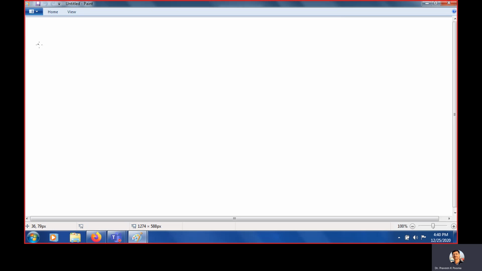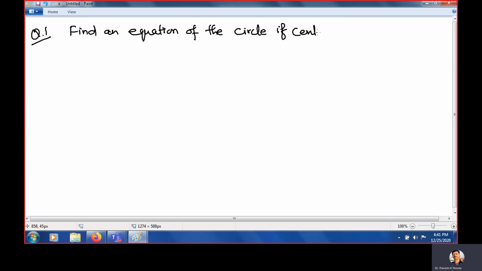Question number 1: find an equation of the circle if the center is 4 comma minus 5 and the radius is 6.